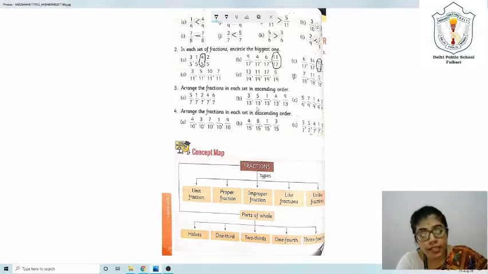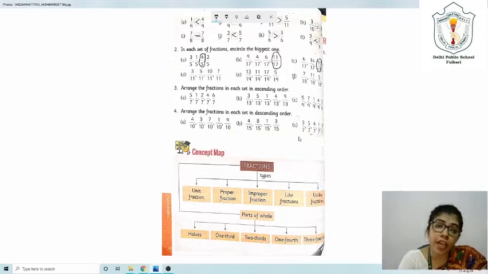Now children, once again I am telling you that since the denominators are all the same, how will we identify the biggest one? In that case we will check the numerators and identify the biggest number, and that way we can encircle the biggest fraction.